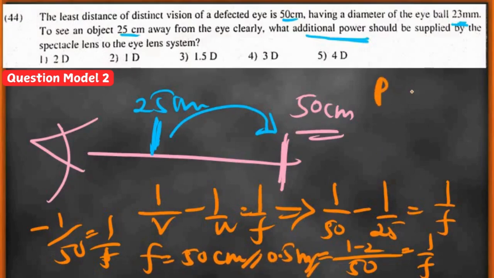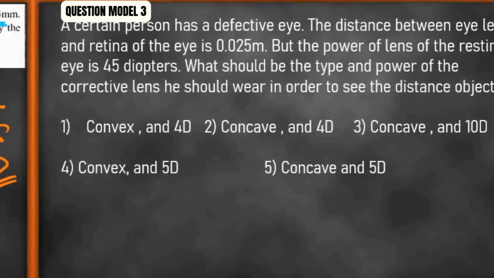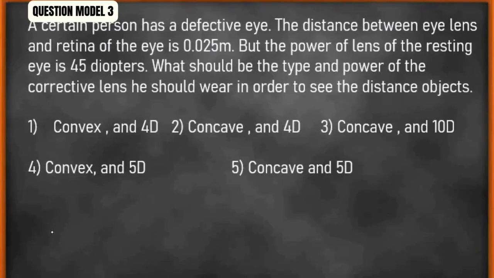Basically power equals 1 over f, so minus 1 over 0.5, minus into minus cancels off, so plus 2 D. So the answer is the first one. That is the required power, right? So this is actually another question model that we can find in papers. If you could do the question, that is great.